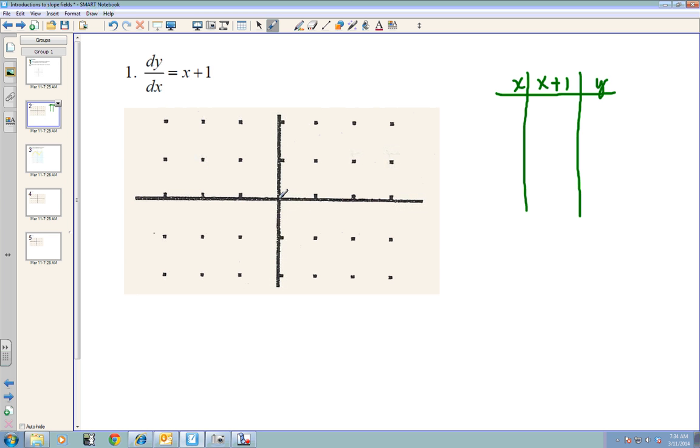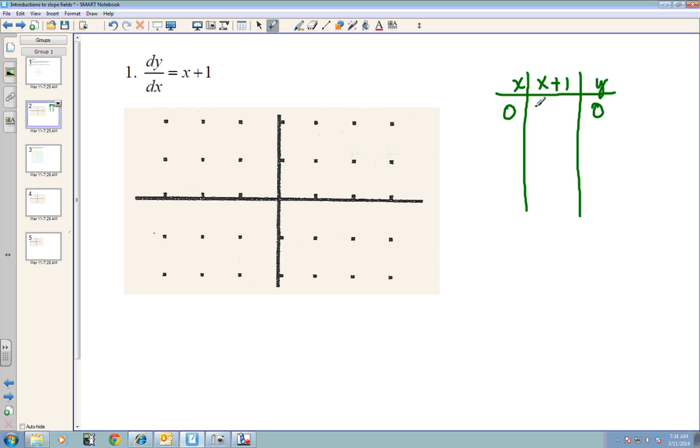And we're going to draw a slope field for each point on this coordinate plane. Okay, so let's just plug in the point 0, 0. I'm going to plug these values into the equation. In this case, I only have an x, so I don't even really need this y column.